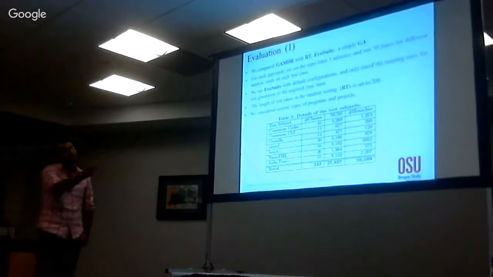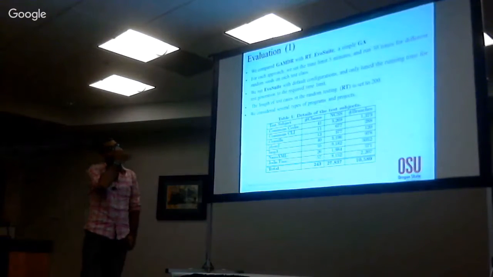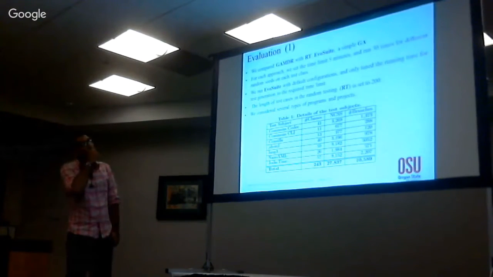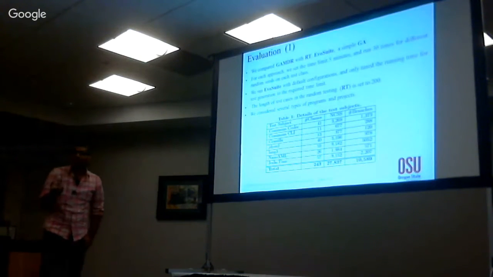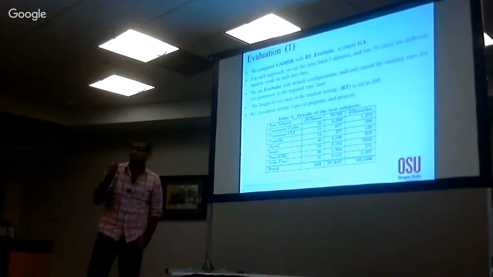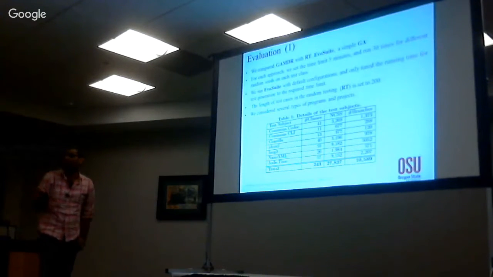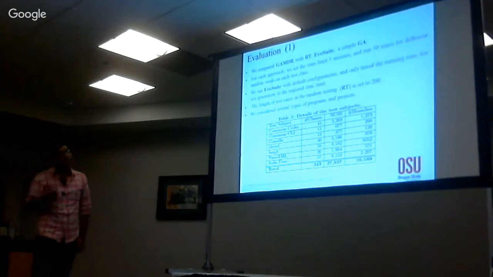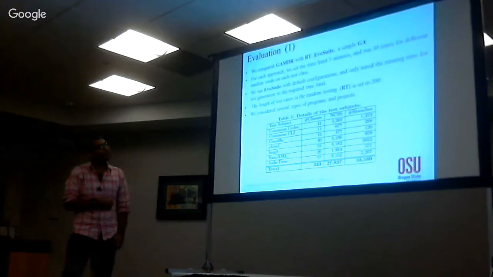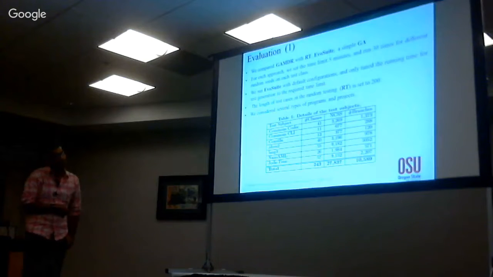We compared them with RT, pure random testing, with a test length of 200, and with EvoSuite, and with the same genetic algorithm with and without the method dependency relation. The time was 5 minutes, and we ran 30 times with different random seeds on each test class.